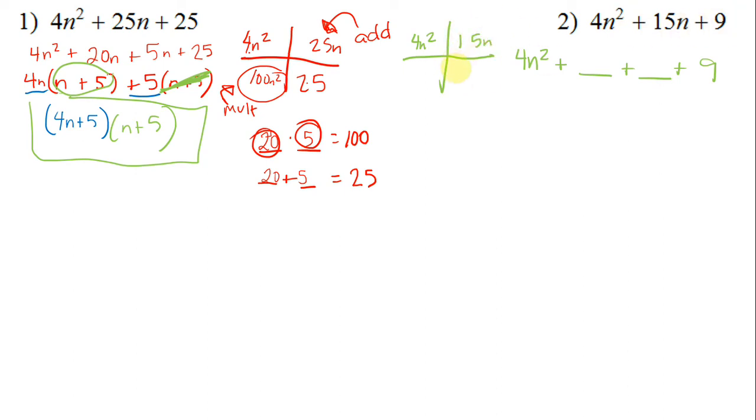Here I'm going to put 9. Multiply 4n squared and 9, and that's going to get me 36n squared. And then I'm going to find two numbers that multiply to that and two numbers that add to 15.